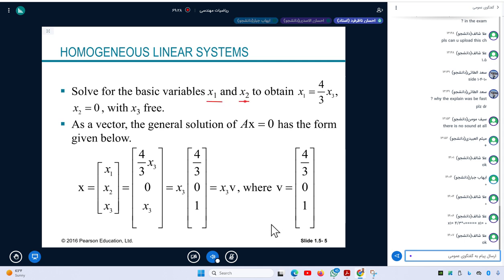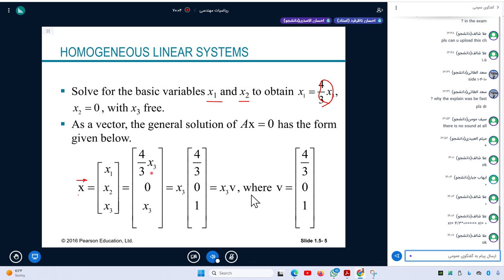So x1 and x2 are basic variables, and x3 is a free variable, and x1 equals 4 by 3 x3. So you can replace x3 with any number that you would like. You can actually have a solution. So the final answer is x equals x1, x2, x3, and you can replace x1 with 4 by 3 x3.